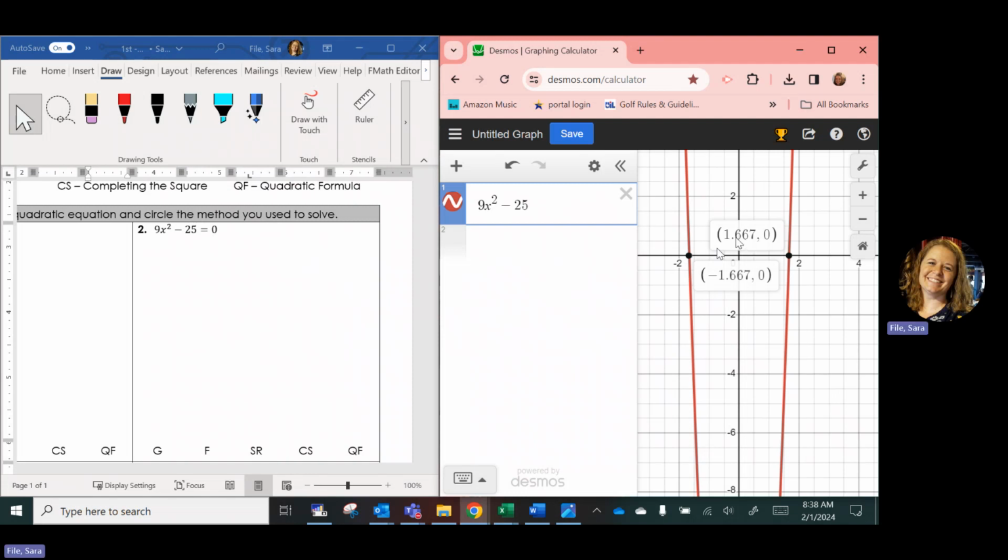Now, if your decimal was something like 0.5, you know how to change that to a fraction, don't you? What is 0.5 as a fraction? 1/2. Okay, but do you know what 1.667 as a fraction is?